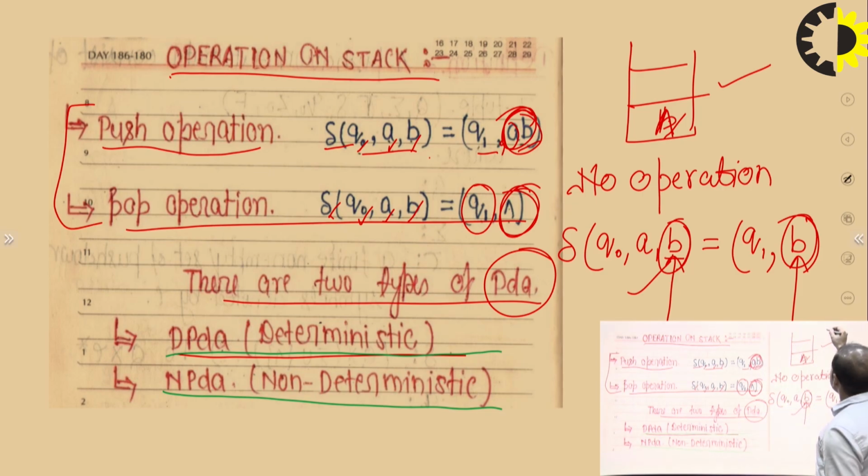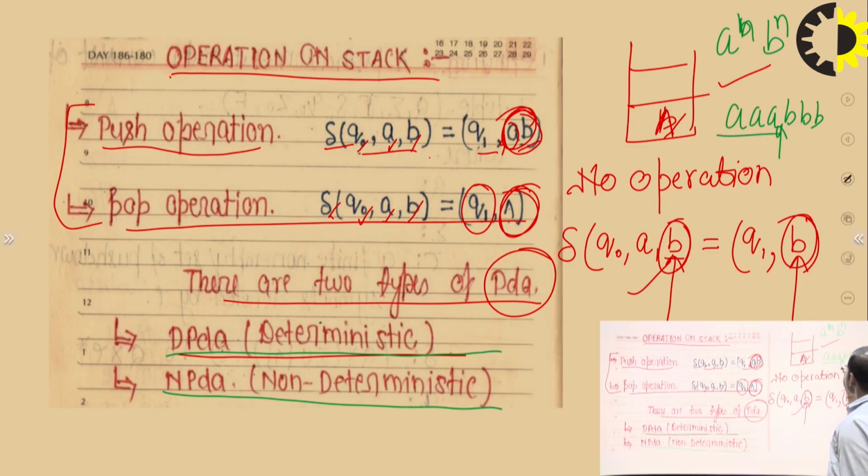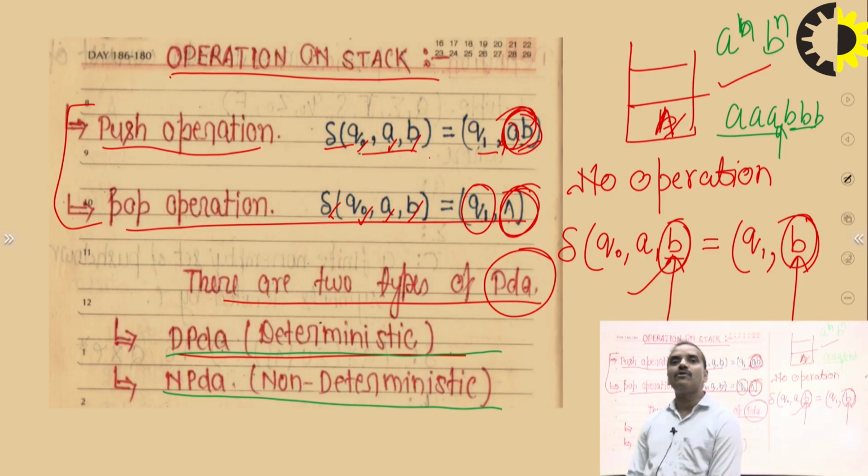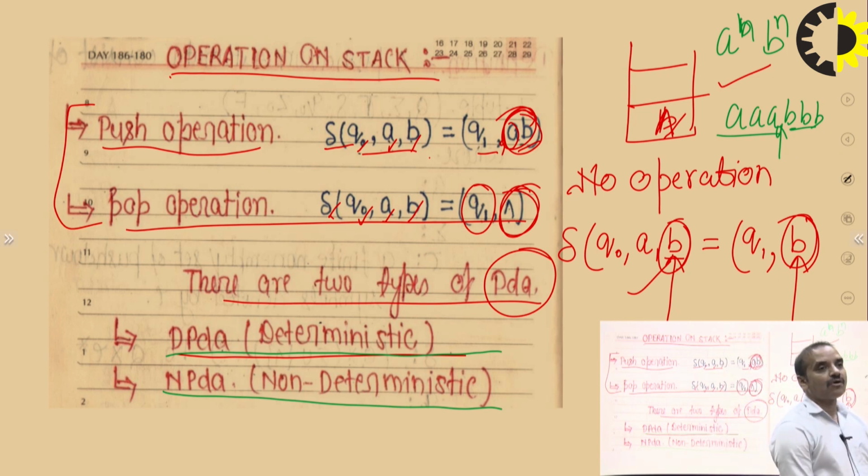let us discuss with an example, a power n, b power n. Whenever we write like this, a triple b, this is the midpoint, because when a is exhausted, the symbol b is started. At that point we declare that the number of a is equal to the number of b, and that point is the midpoint. This is the case of deterministic PDA.